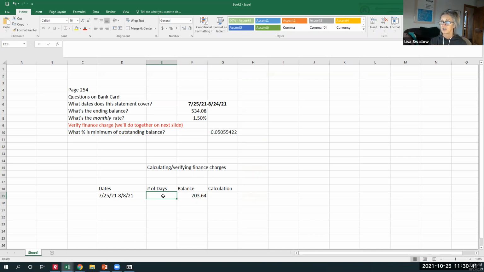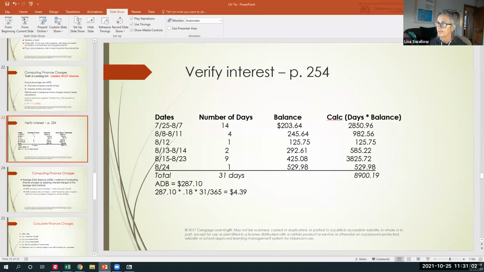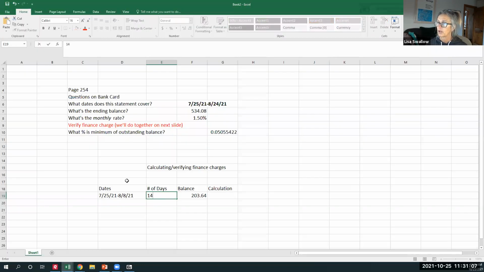And honestly, just count on your fingers. 25th, 26th, 27th, 28th, 29th, 30th, 31st. I'm done with July. August 1st, 2nd, 3rd, 4th, 5th, 6th, 7th. And then on the 8th, it changed. So 14 days, it stayed that number. On the 8th, it changed because I made the purchase.